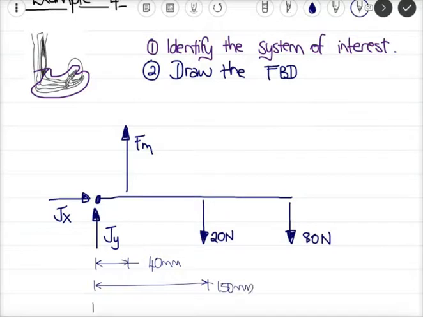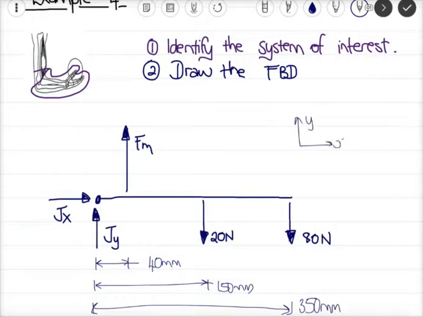And from the joint center to the ball, we have 350 millimeters. Don't forget your freebie marks, including your axes. So we're going to use Y as up and X to the right. So now we have a complete free body diagram.